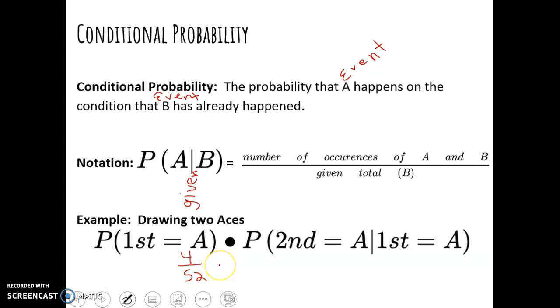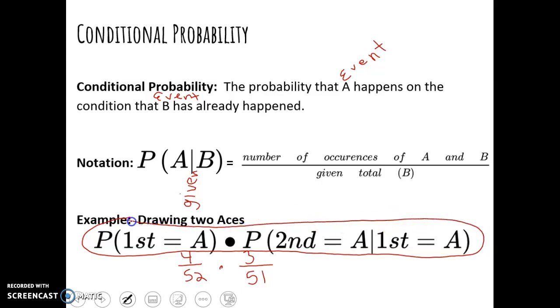And then the probability that the second was going to be an ace was different, because if we don't return the first card, that changes how many cards are in the deck. There's now only 51 cards in the deck, and only 3 of those are aces, not 4.